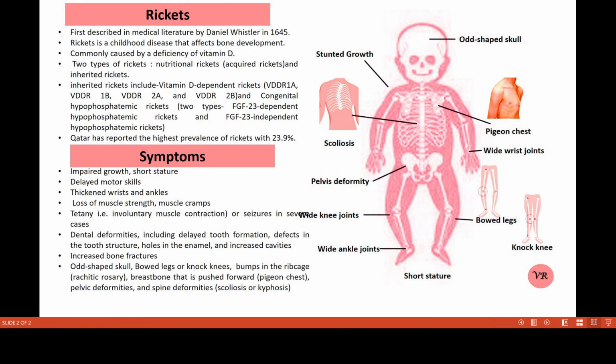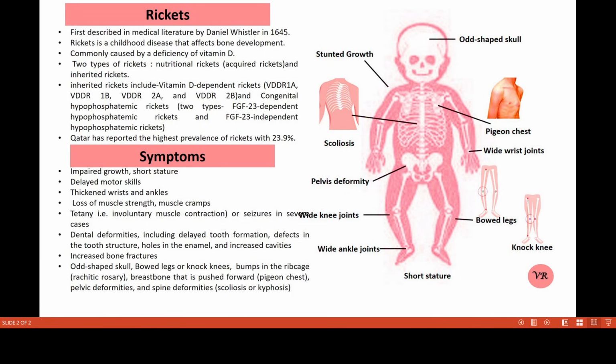The prevalence of the disease has increased in both developed and developing countries. The prevalence is higher in developing countries in comparison to developed countries. Lower rates of rickets in developed countries are due to widespread vitamin D supplementation and fortification.